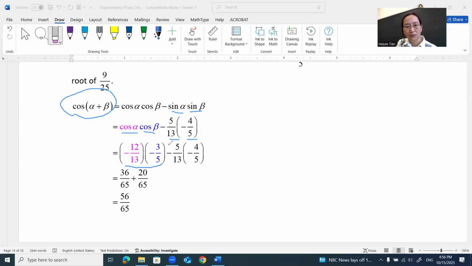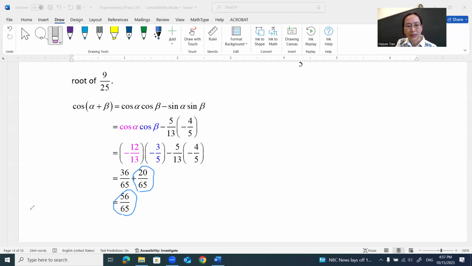When you multiply the two cosine values, you get 36 over 65. When you multiply the two sine values, you get a negative, but with another negative sign, we will get a positive. So the final answer is 56 over 65.